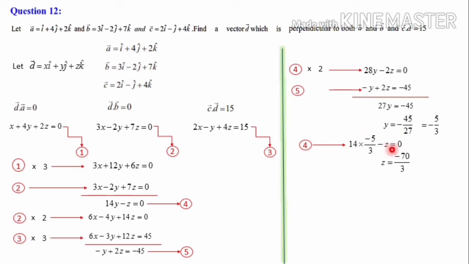But here there is a minus with z, so that minus will come to the right side. So z is equal to minus 70 by 3 is the answer.